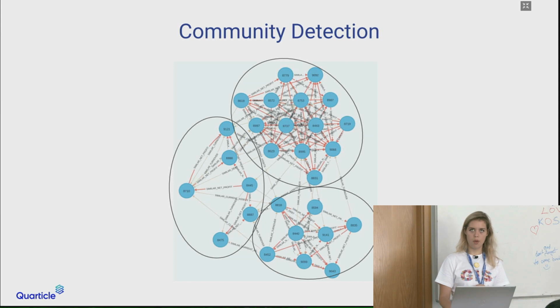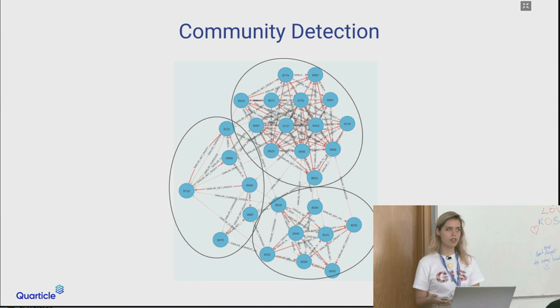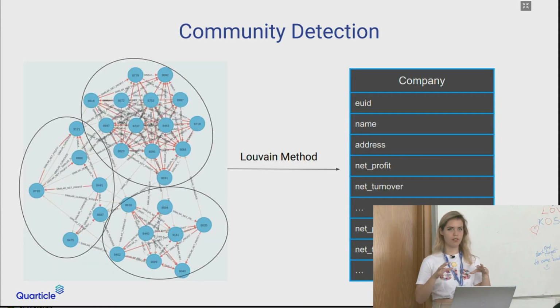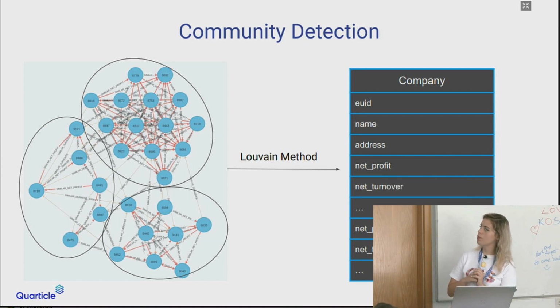We applied a community detection algorithm. And community detection algorithms actually work on some graph projections. So we chose the Louvain method as a community detection algorithm.